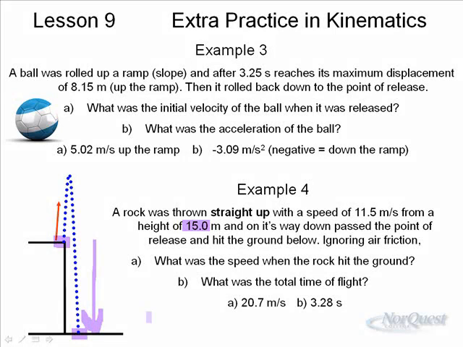It's 15 meters down. So you know that the initial velocity is positive 11.5. You know that the acceleration is negative 9.81. You also know that the displacement during the entire trip, even though it went up for a while, the overall displacement from where it started to where it ended up is negative 15.